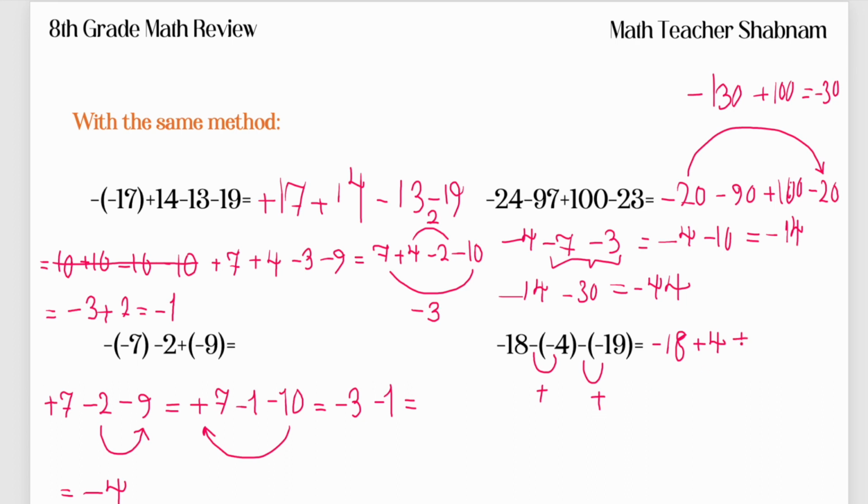Then we have +19. How about we break it down into tens and ones? We have -10 and +10. The ones, -8 and +9. These two cancel each other out. 9 minus 8 is just +1.